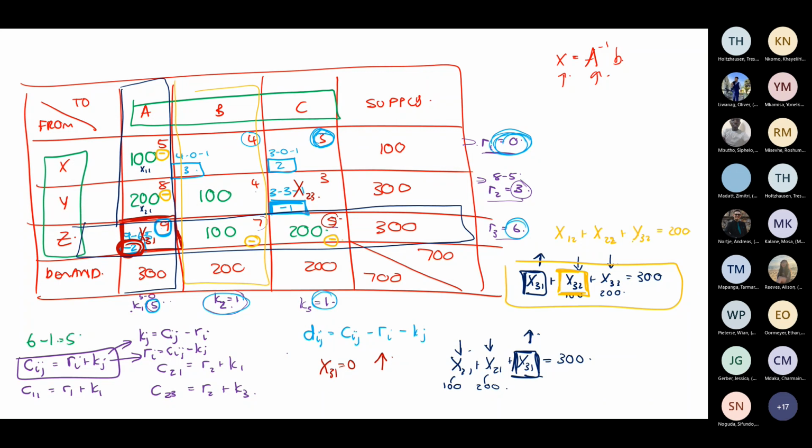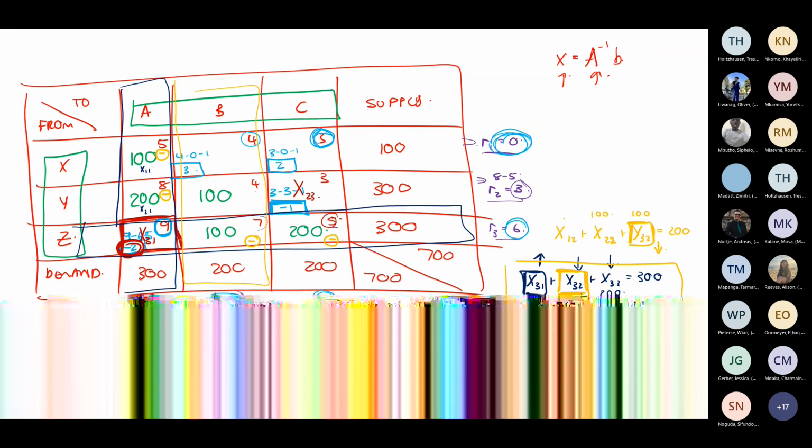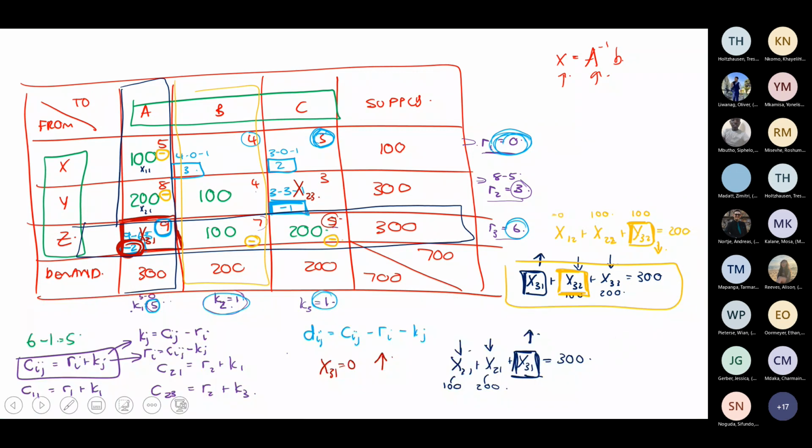So if we say, okay, fine, we decrease this, and it's currently 100, and that's currently 100, and this is currently 0, and it's not featuring. If we decrease that one, we still have to keep the constraint being met as an equality, which means we have to increase this one here.